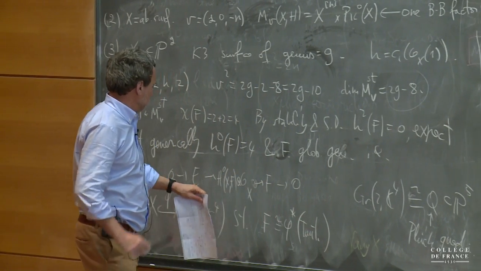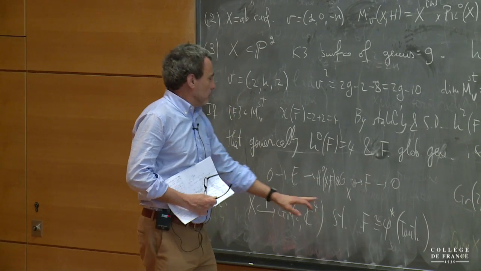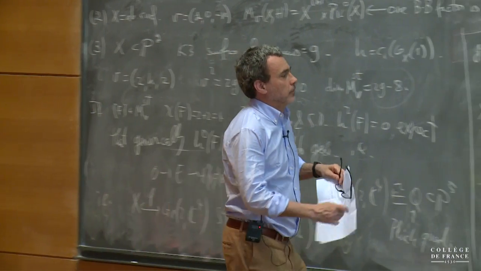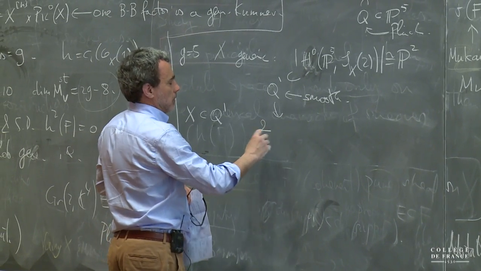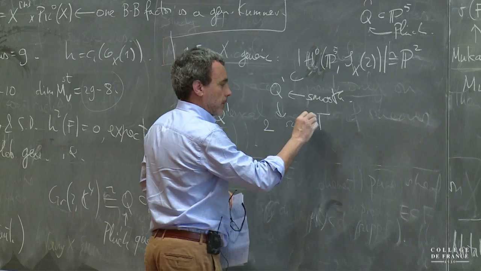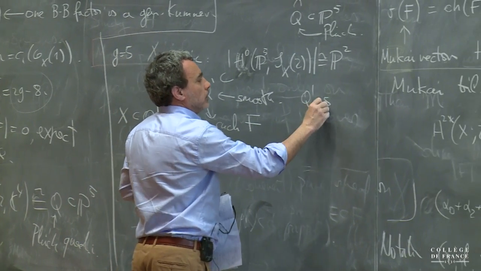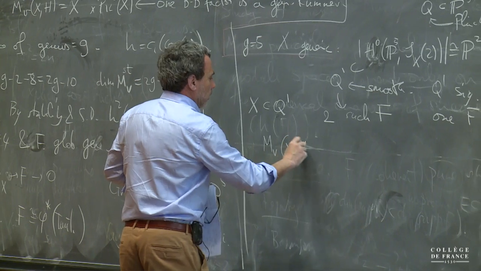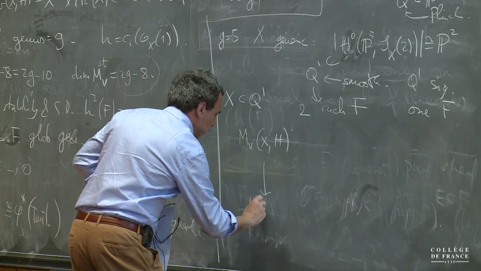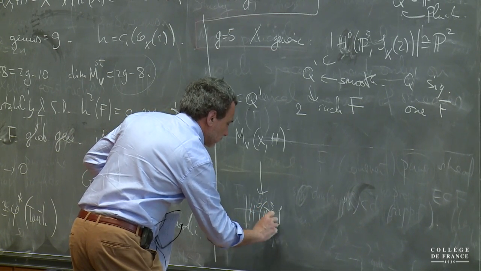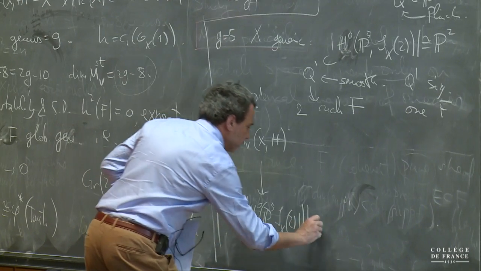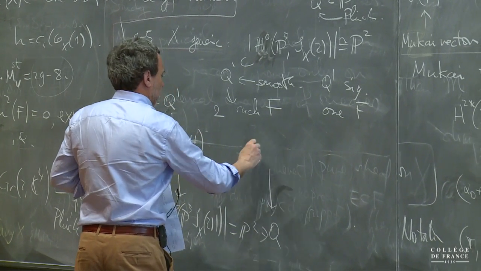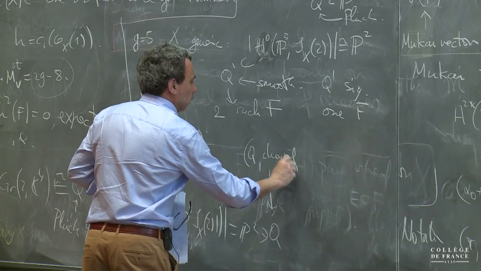I mean, once you have such an F, you also have an E, and if you take the dual of E, it has the same Chern character as F. So Q smooth gives you 2 such F, and if Q prime is singular, 1 F. So essentially what you get is that this moduli space has a map to this thing, which is a P2, and over Q we have the choice of ruling.